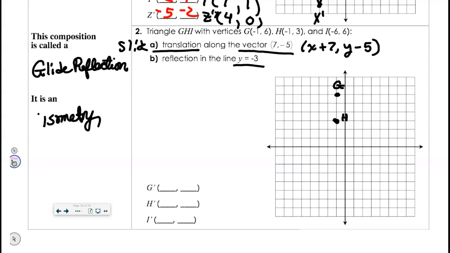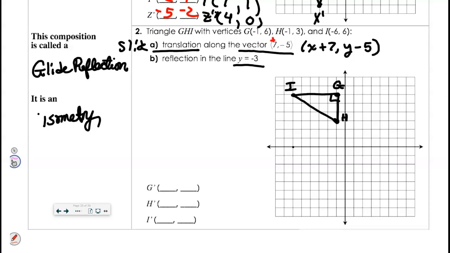And then it looks like 6 to the left, here, and 6 up, which would be here, and I'm going to label it. It's making a right triangle. My final answer should be a right triangle, right? And it should be the exact same size as this right triangle, but it's going to end up someplace else, okay? So my first thing is I am supposed to slide it.